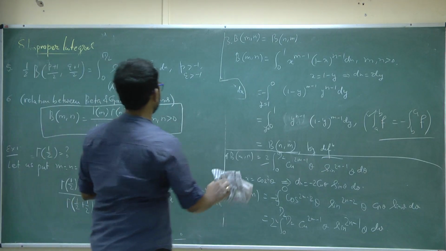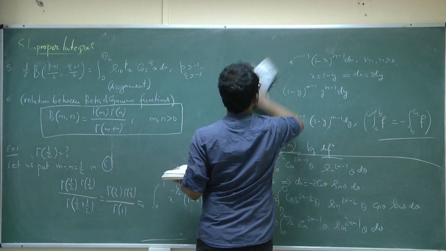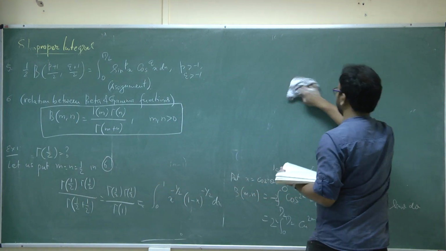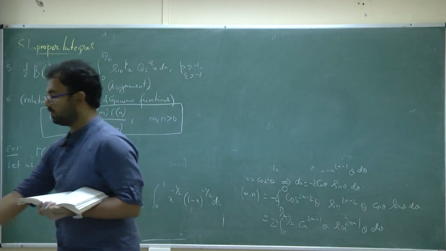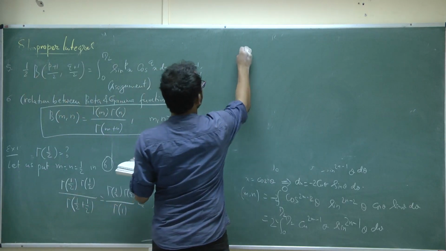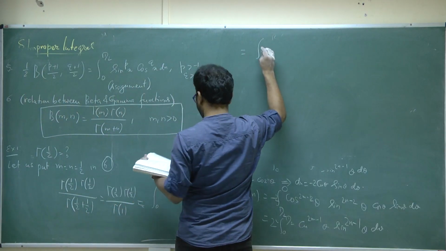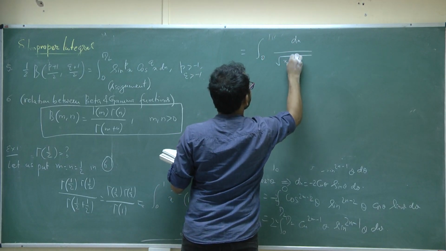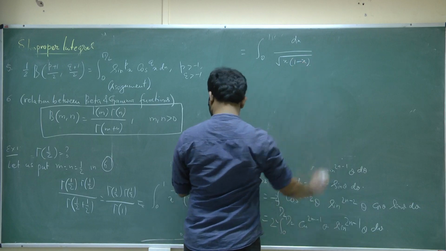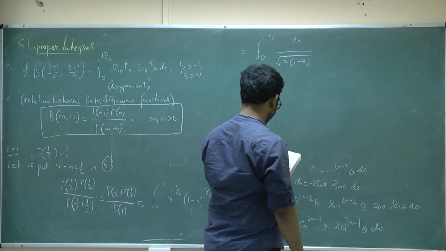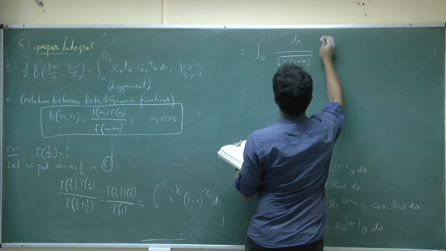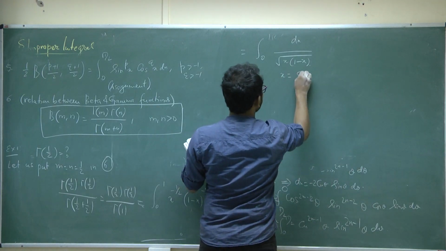And this will become the integral from 0 to 1 of dx by square root of x times 1 minus x. Now we put x equals sine squared theta.